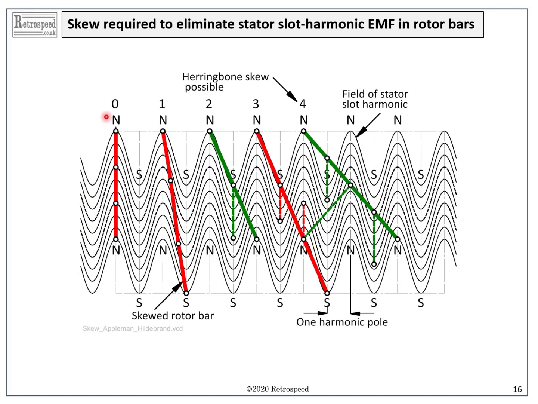On the left, this one has no skew, and there will be a harmonic EMF and a torque with no attenuation along the length. With a skew of 2 harmonic pole pitches, the harmonic EMF and torque in the 2 halves of the conductor cancel out. That's the idea of using 2 harmonic pole pitches.